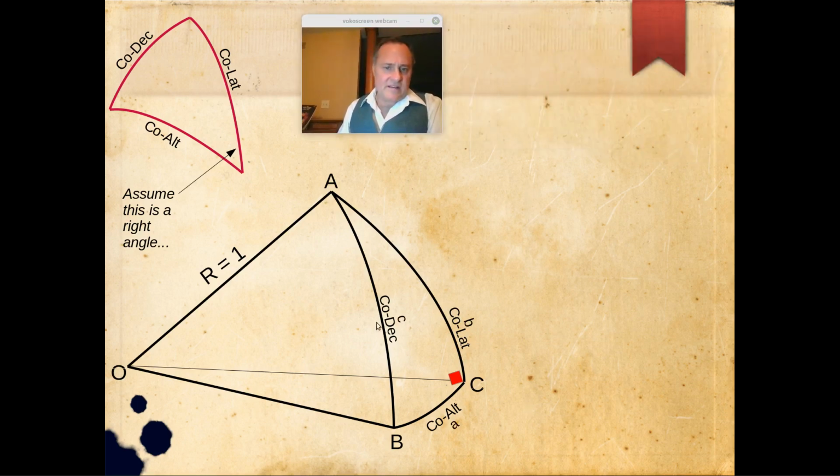I've put in the named sides, co-declination, co-latitude, and co-altitude, but in spherical trigonometry in general, we name the sides as the little value, like little c, opposite the angle. Here's the angle B, big B, so this is little b. Here's the angle big A, little a. Enough said. They're the angles, again, shown at the center of the Earth.